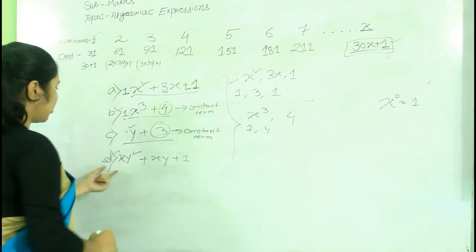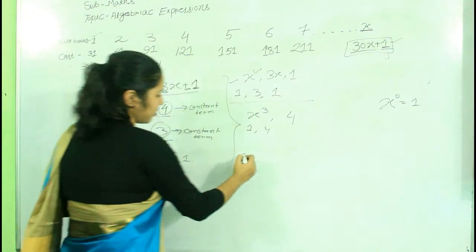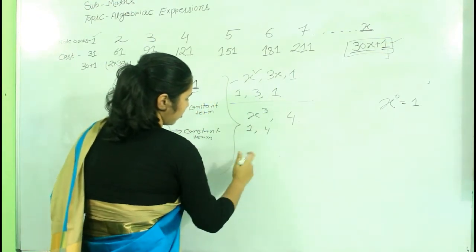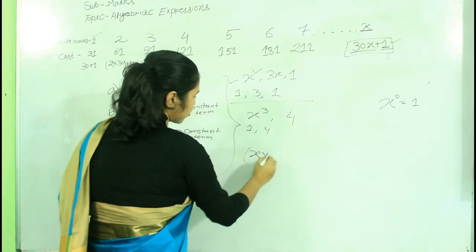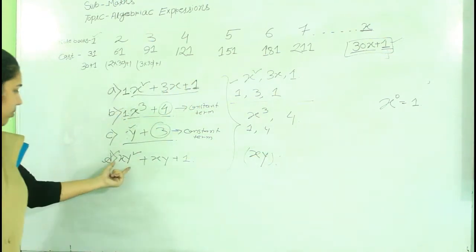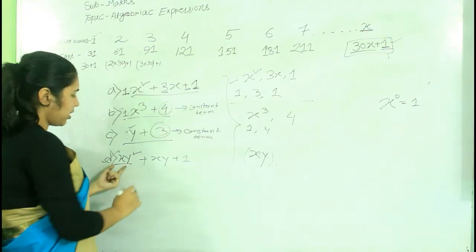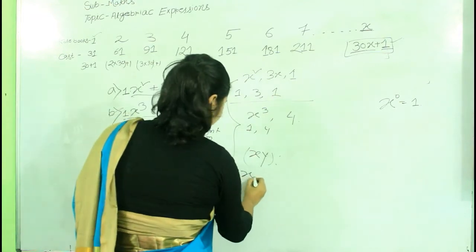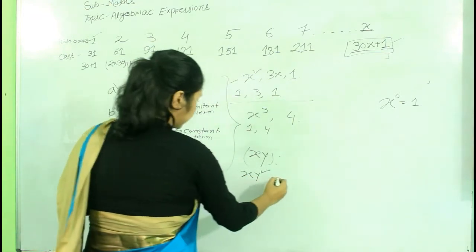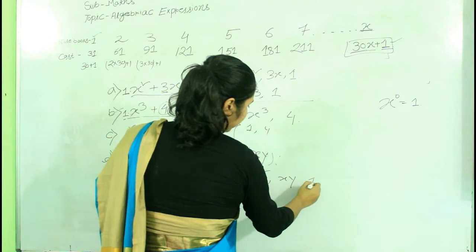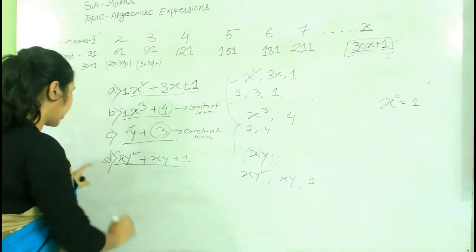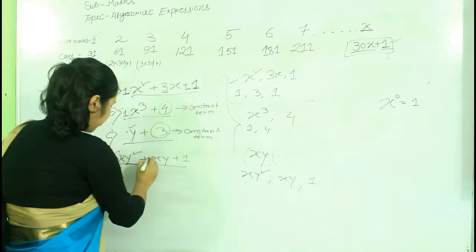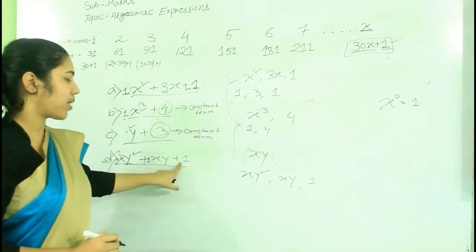Next here our variable is x and y, or xy. Look at the first term. Here in this expression, again we have three terms, right? First one xy square, second one xy and third one is 1. Now again we can write 1 into xy square, 1 into xy plus 1.